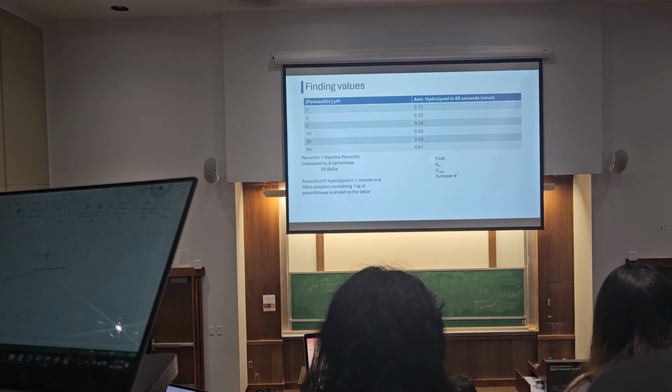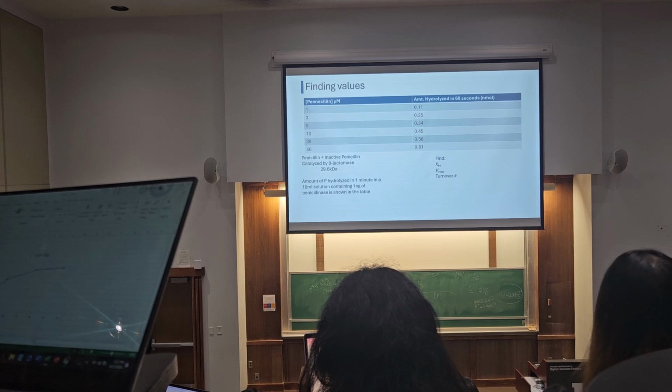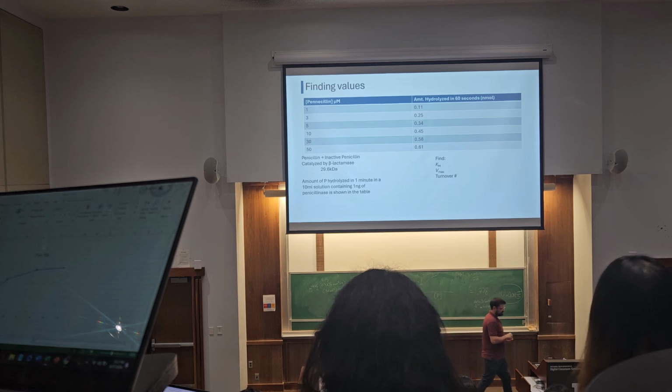Now we can either solve for the x-intercept and find our negative 1 over Km, or we can use the slope. Remember, what is the slope of a Lineweaver-Burk plot? Km over V max.